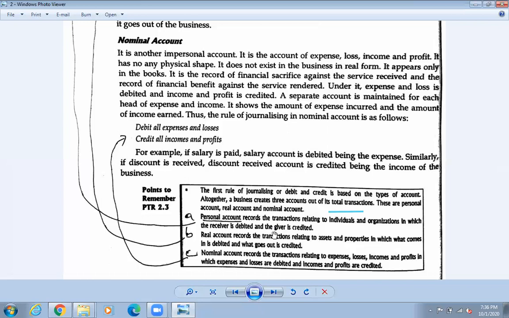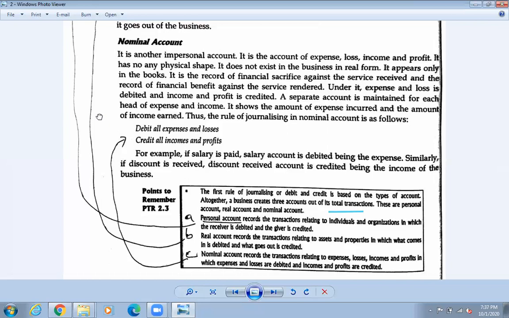R for receiver, G for giver, so RG. Debit comes first, then credit. Debit is Rakesh, that means receiver. Credit is Gupta, G means giver. So debit the receiver, credit the giver. In that way we can memorize.